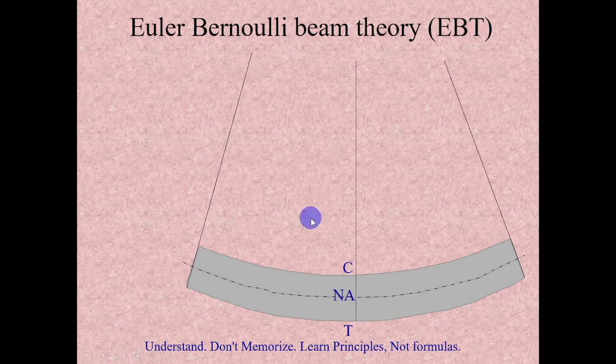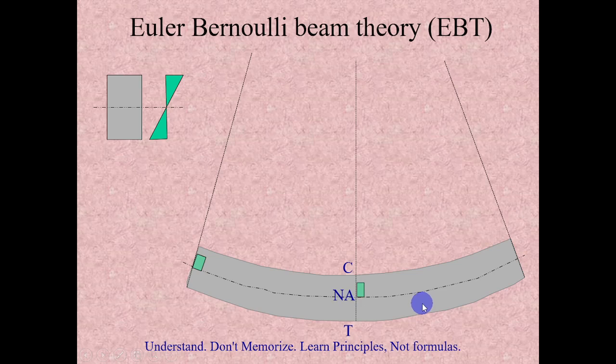The main important assumptions for the bending theories are that the material should be homogeneous, isotropic, and the cross section is plane before bending and remains plane after bending. Homogeneous means if you take any particle, either at this location or this location or anywhere, the physical property of the particles will be uniform throughout the span.